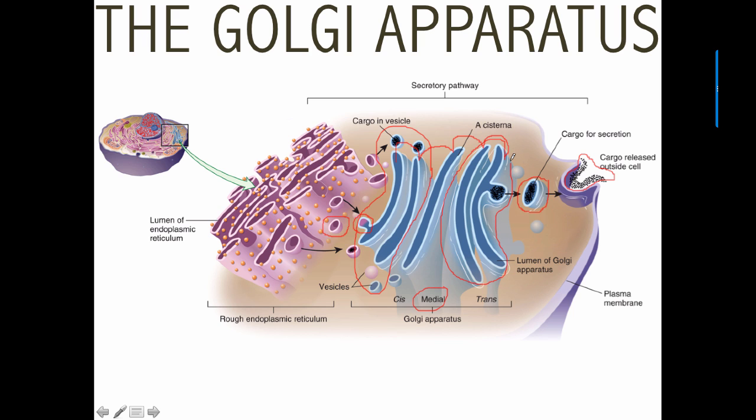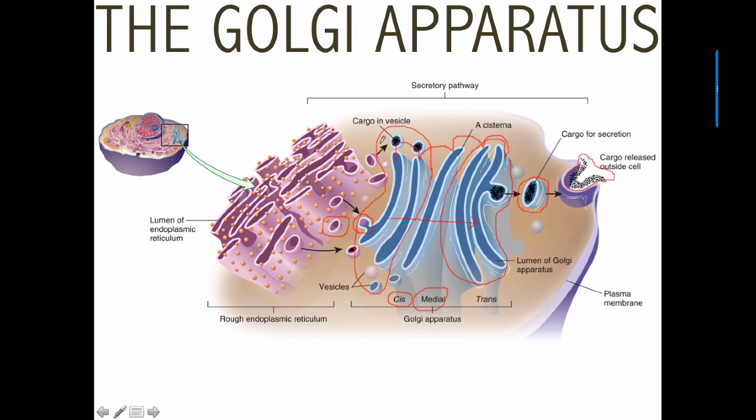So you can remember which face is closest to the ER: that's the cis face. That's where material arrives from the ER, and then the material moves through the Golgi via these vesicles, getting progressively more modified, until eventually material leaves from the trans face of the Golgi. So this is a secretory pathway.